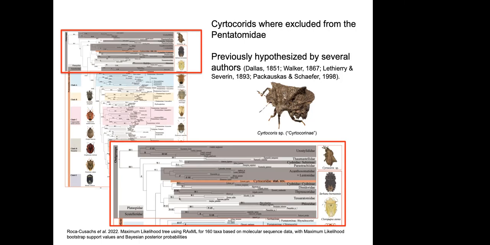And as we can see here in the amplified part of the phylogeny, clearly the Tessaratomids fell totally apart from the pentatomids, and their status was renewed as a family by itself.